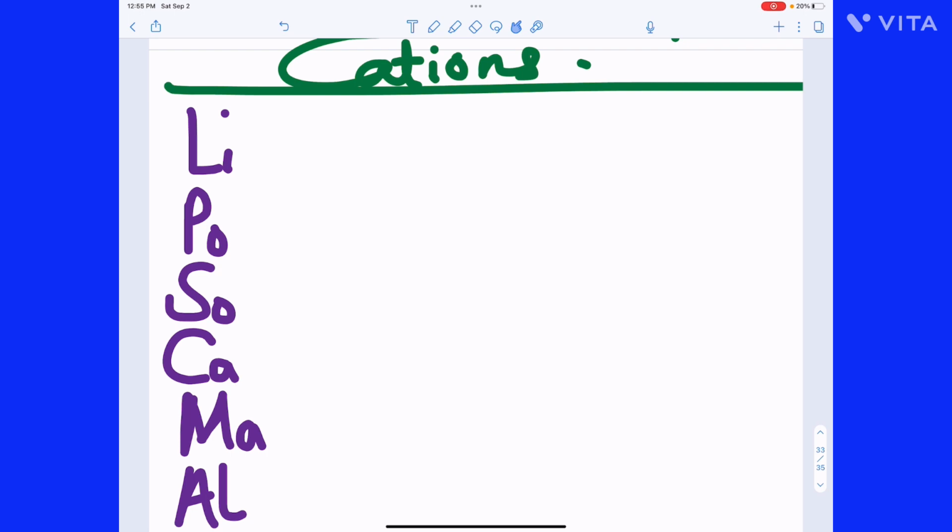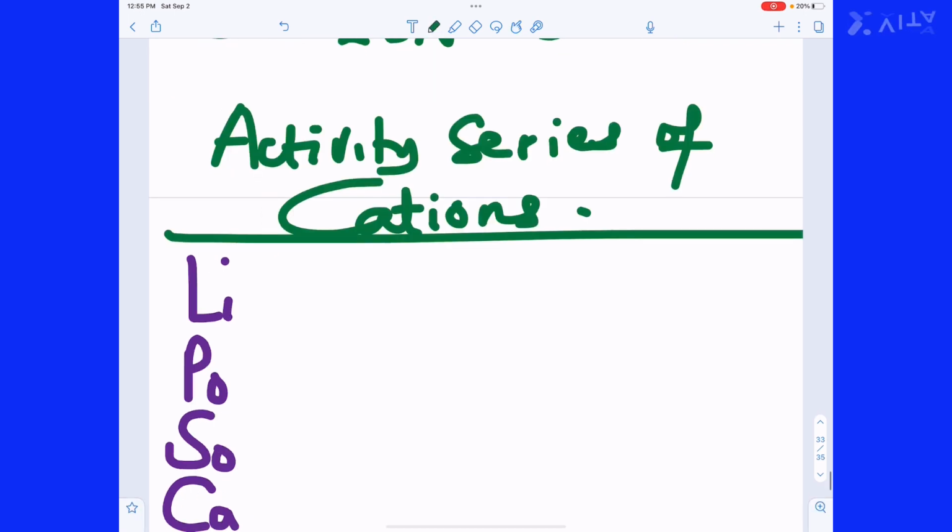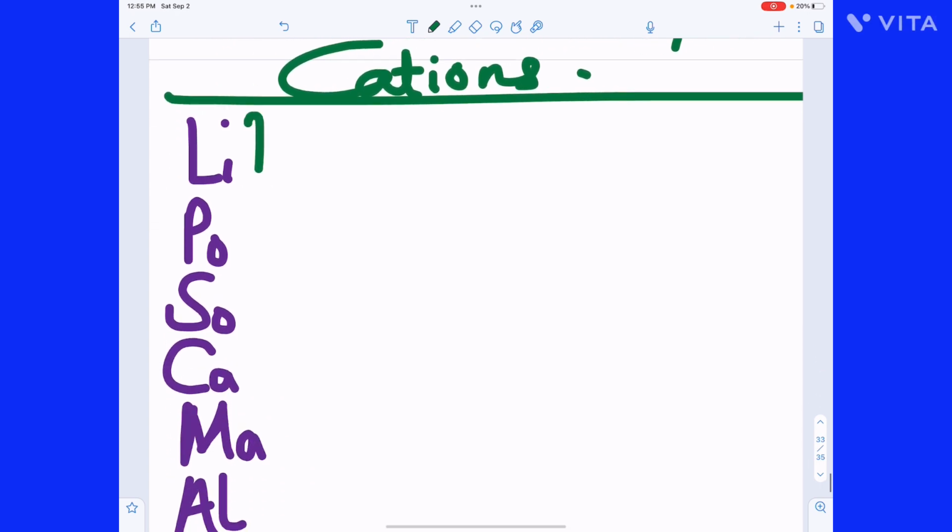Then also, those very high up in the series are highly reactive.